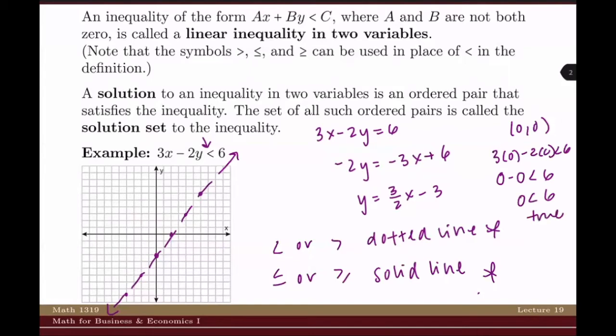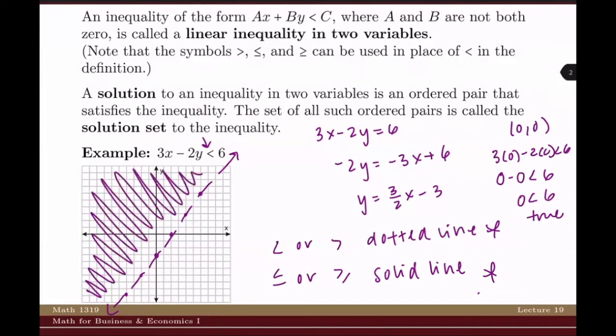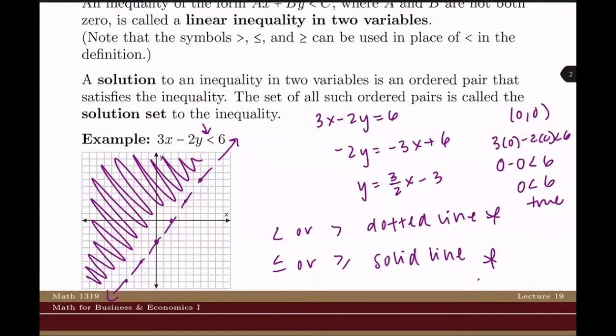So what that means is we are going to shade in this side of our graph. So this is all the space of the plane where 3x minus 2y is less than 6. If you plugged in a point from the other side of the graph, you should get something larger than 6, which is why we don't shade that in.